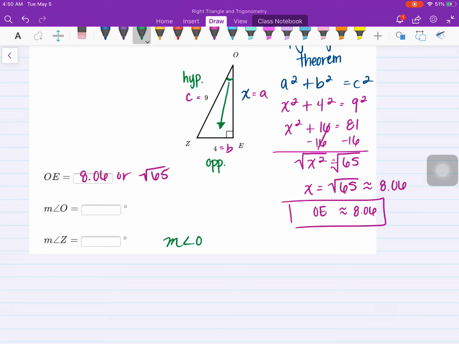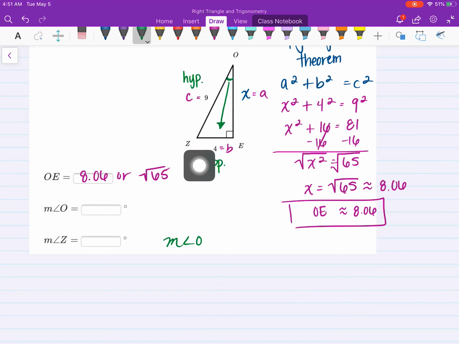But I'm not going to label that here because I actually want to just use the sides that were given, since those numbers are exact. In this case, my side OE is already rounded, so my answer will be off because one of my sides is already rounded.